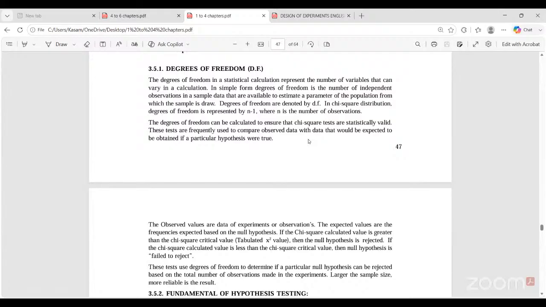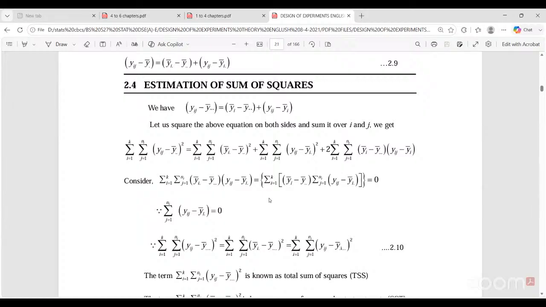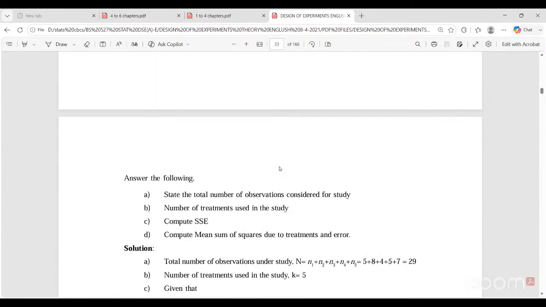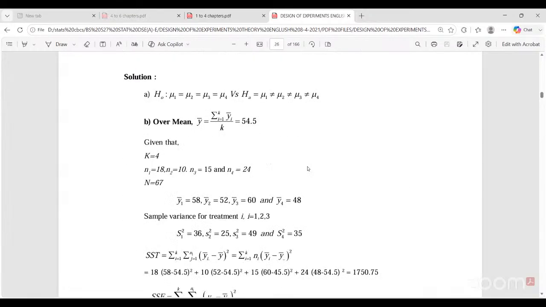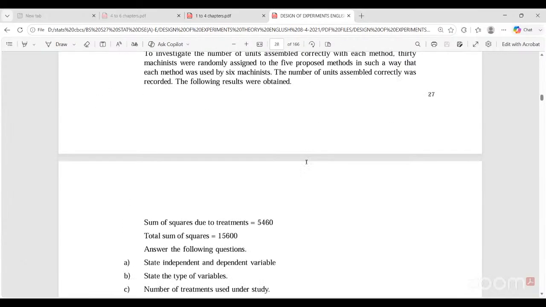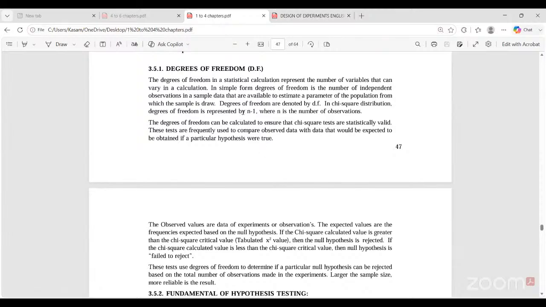In simple terms, it is the number of independent observations in the data. I told you earlier, degrees of freedom is n-1, where n is the number of observations. Here you see degrees of freedom is k-1, and here they said n-1. So you can take k-1 or n-1, no problem. In statistics we take k-1.